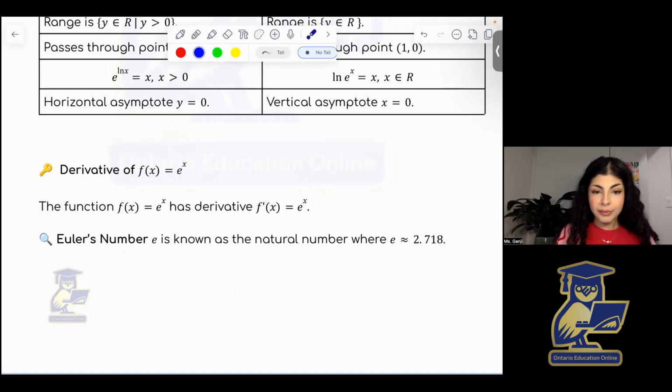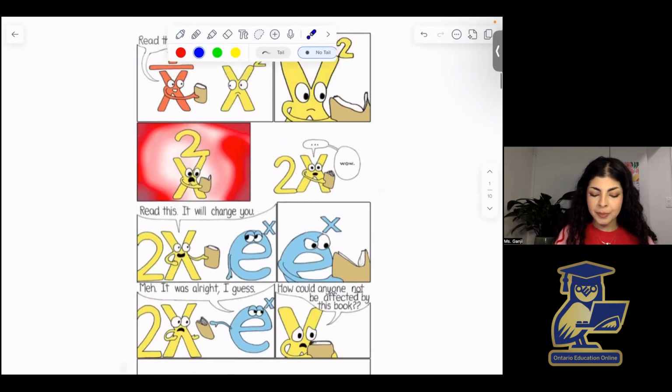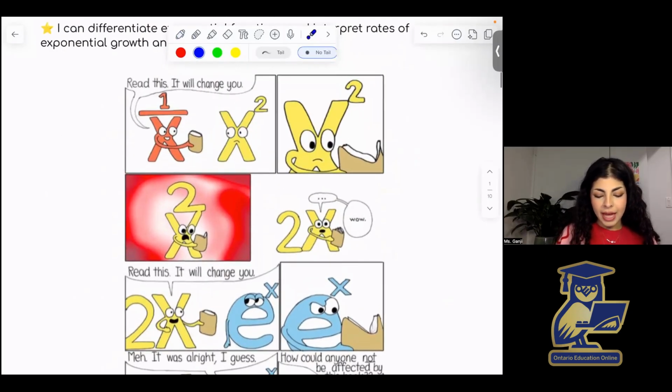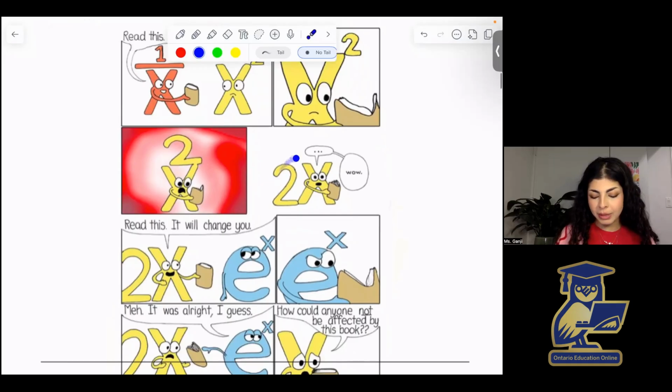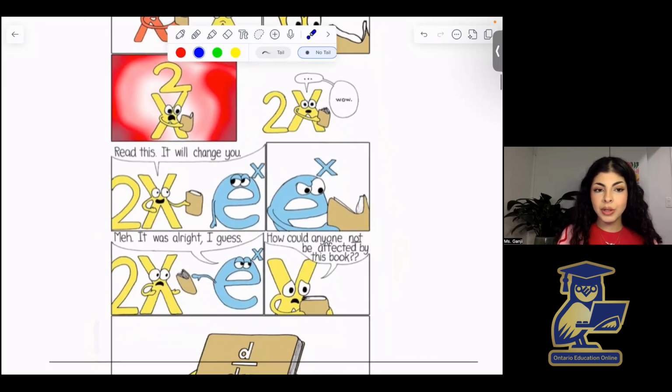So now knowing this information, I am going to go back for a moment to our comic at the beginning. Here the rational function gives a book to x squared, it reads the book, and it's like, whoa, and now it has become 2x. And now it gives a function to our natural exponential function, and it tells it, read this, it will change you.